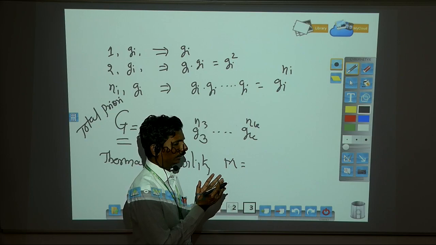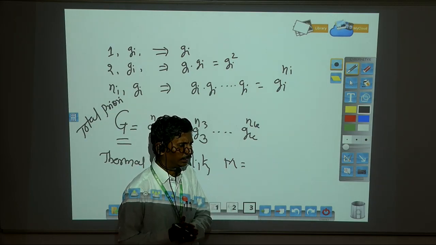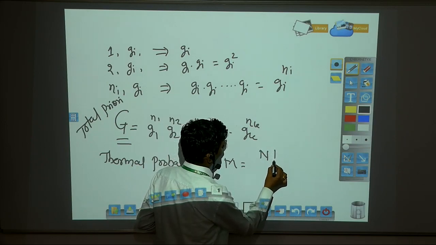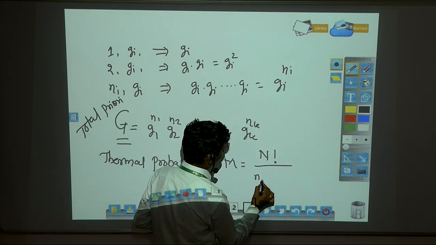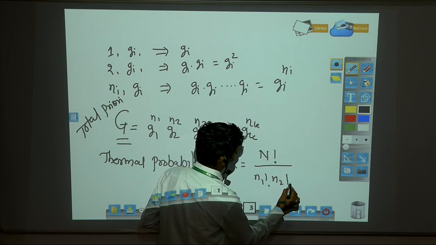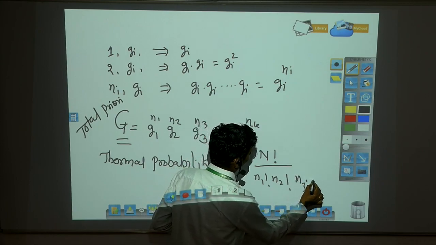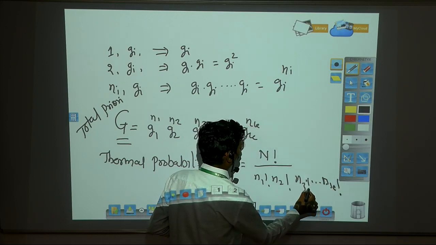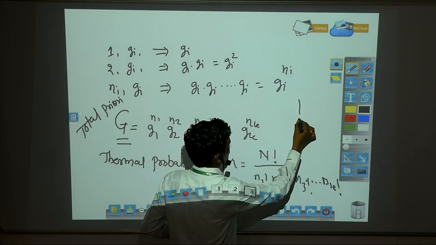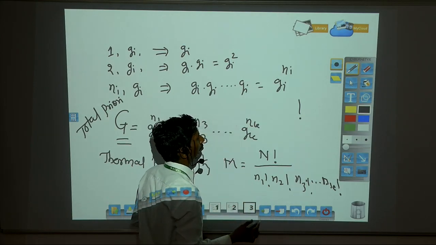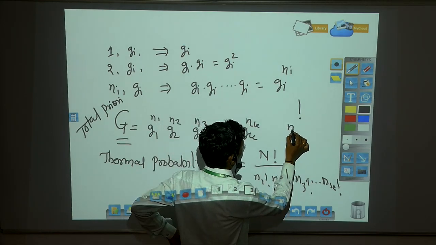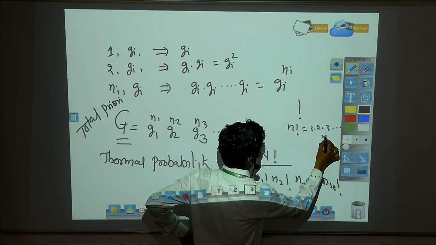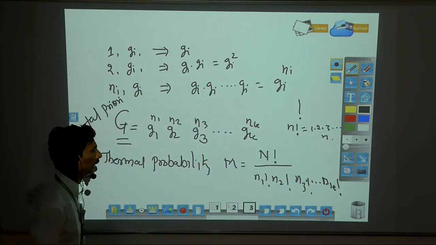When n particles are arranged in k cells without changing the numbers, we can write this as n factorial divided by n1 factorial, n2 factorial, n3 factorial, and nk factorial. Remember that this is the symbol of factorial: n factorial means 1, 2, 3, multiplied up to the number n.